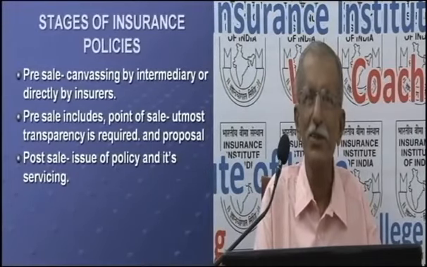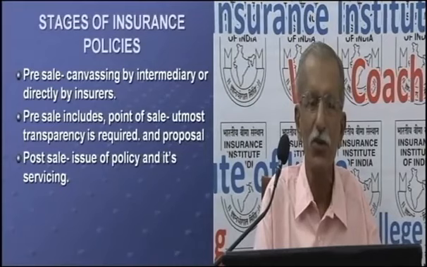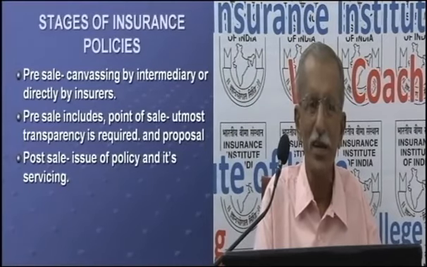And as far as insurance companies are concerned, whatever benefits they are going to give under the policy should also be disclosed properly. There should not be hiding of any fact. So it is about following the principle of utmost good faith. So up to proposal, it is the pre-sale stage.